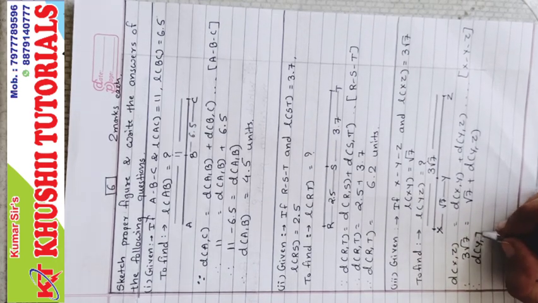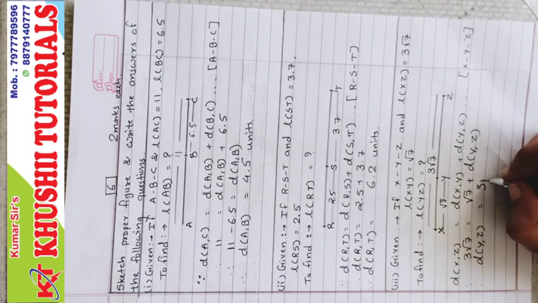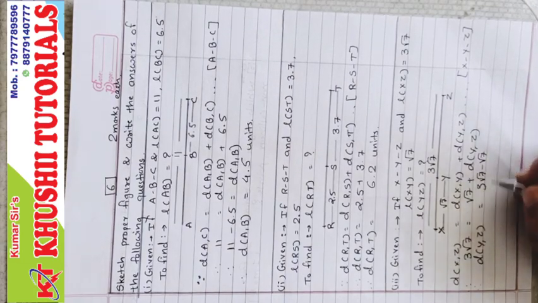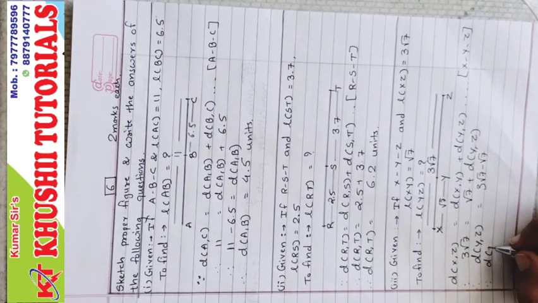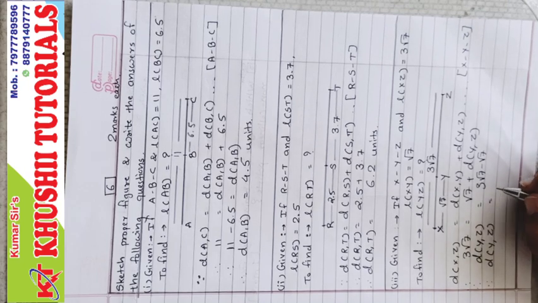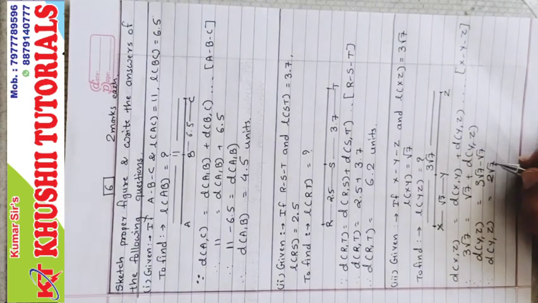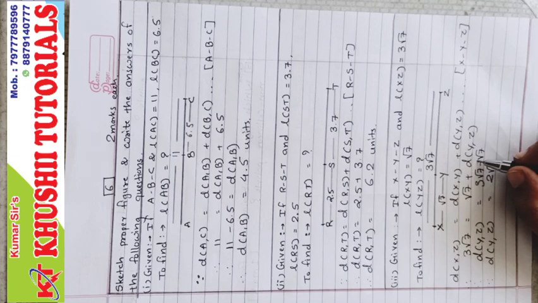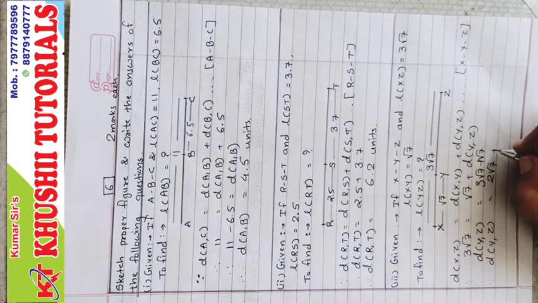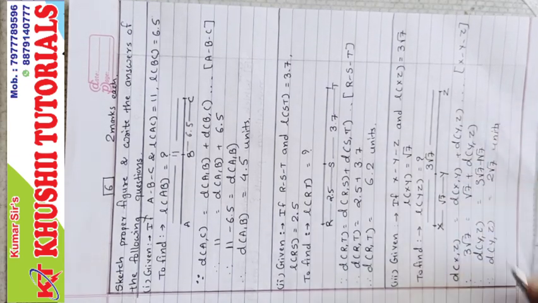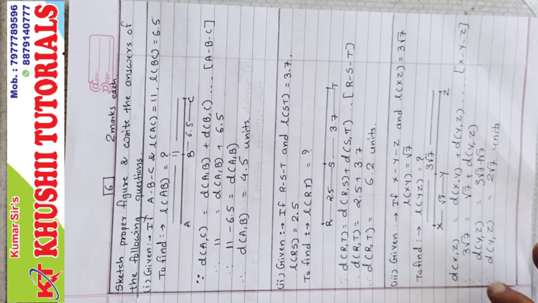Distance of YZ equals 3 root 7 minus root 7, so distance of YZ equals 2 root 7. 3 root 7 minus 1 root 7, so 2 root 7 units. And this is the answer of the third sum.